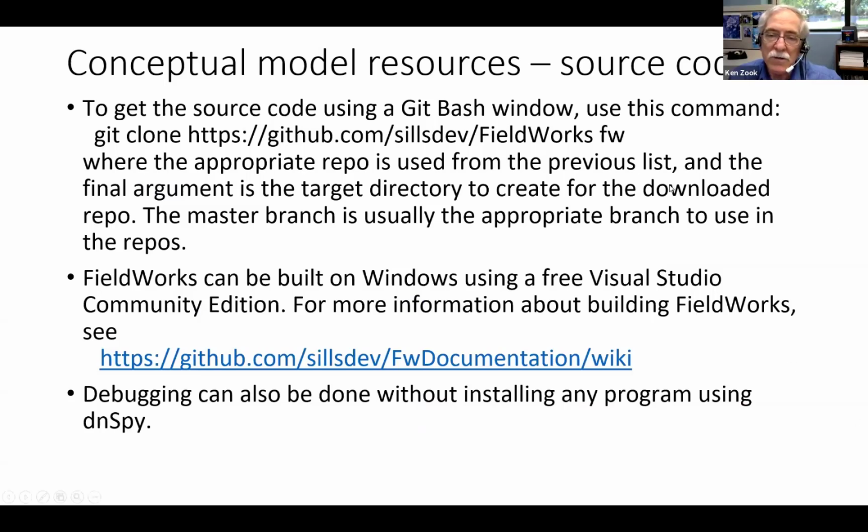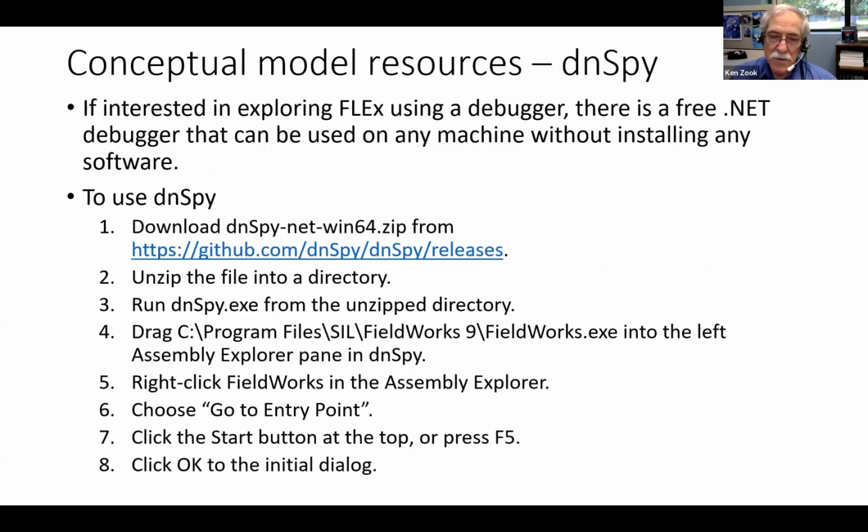To get the source code using Git Bash, you can use this command, and you can pick any one of the repositories and then download it to your machine. Fieldworks can be built on Windows using the free Visual Studio Community Edition. For more information about building Fieldworks, there's a URL here. And for debugging, there's a dnSpy debugger available that you don't have to install.